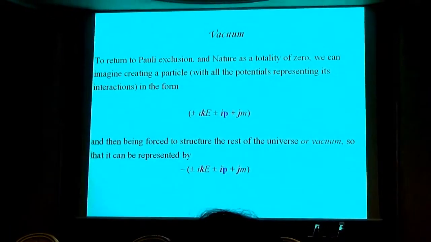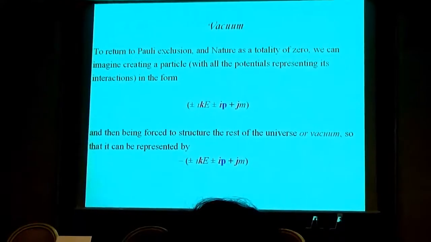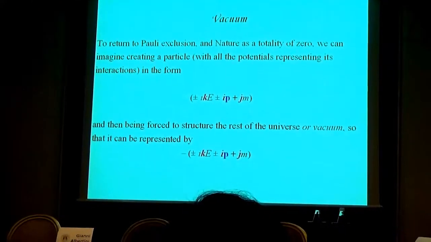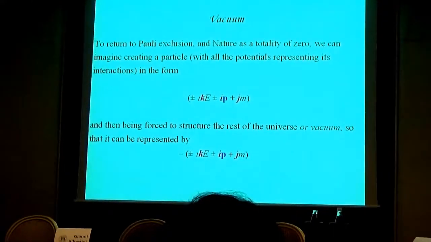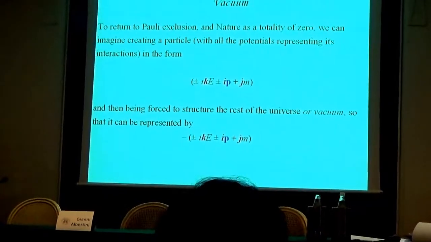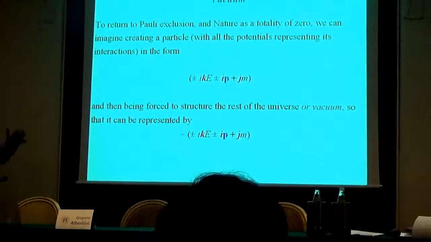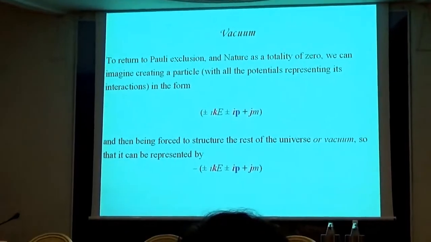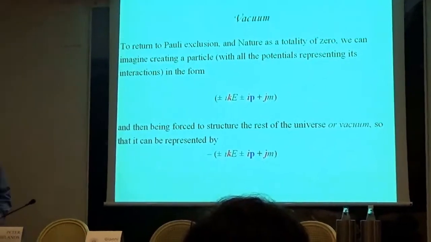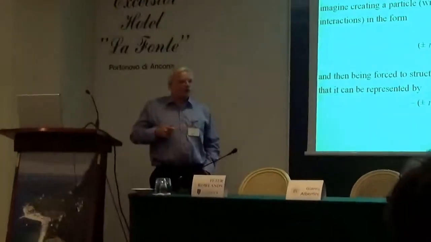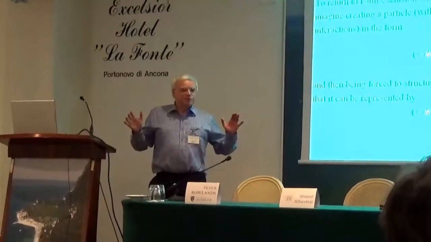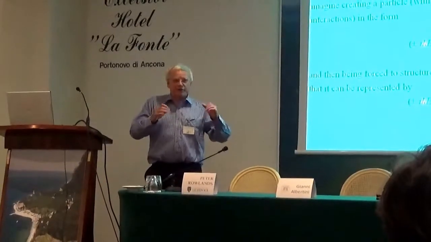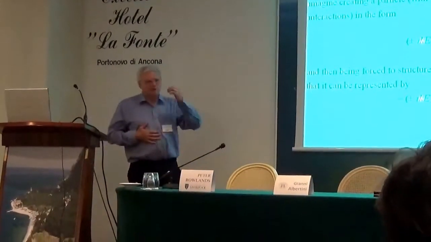So let's go back to Pauli exclusion for a minute. Nature's totality is zero. So imagine creating a particle out of absolutely nothing at all. If we create a particle with whatever potentials, whatever system it is, out of nothing, then we must leave in nothing the hole where that particle was, in effect, to retain zero. And that must be the negative of it.